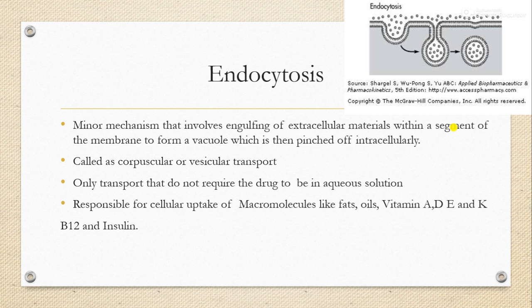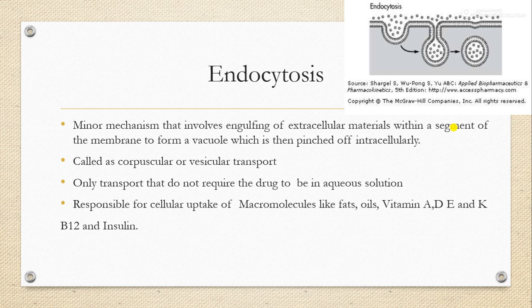It is also called corpuscular or vesicular transport, and it is the only transport that does not require the drug to be in aqueous solution. So dissolution of drug is not required. The drug is engulfed as such inside a segment of membrane, and then it is pinched off intracellularly.